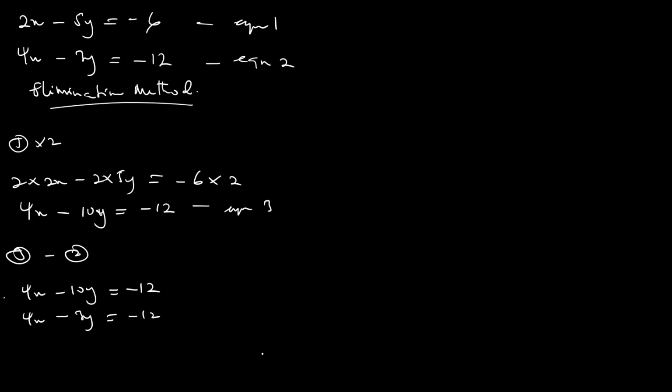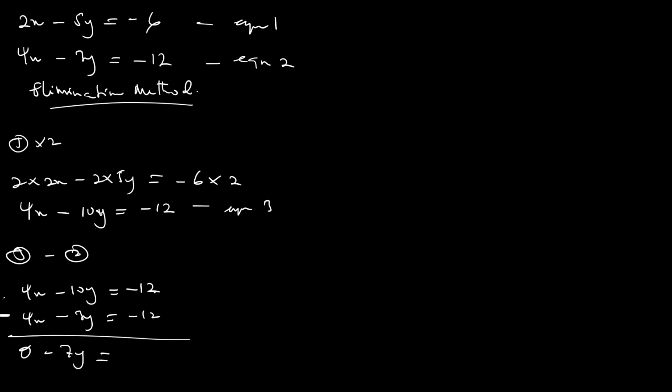Okay, so because we are subtracting, we can just subtract them depending on the terms. So we have 4x minus 4x, which gives us 0. So you have minus 10y minus another 3y. So this becomes minus 10y plus 3y, which gives us minus 7y.